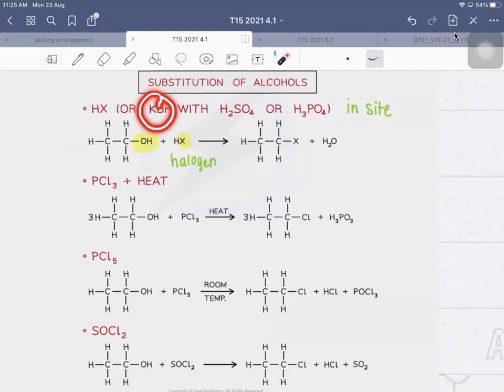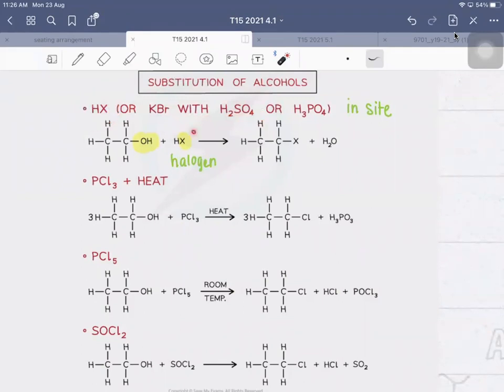So you would add potassium bromide or sodium bromide, anything of the group 1 metal bromide as long as the bromide is there, and then you need an acid catalyst, whether it's sulfuric acid or a phosphoric acid. What happens first is actually potassium bromide will react with the sulfuric acid to form the hydrogen halide, in this case hydrogen bromide, HBr.